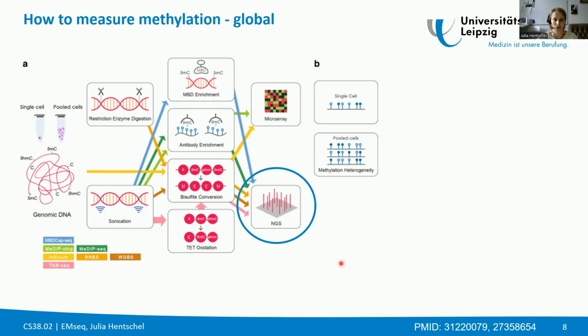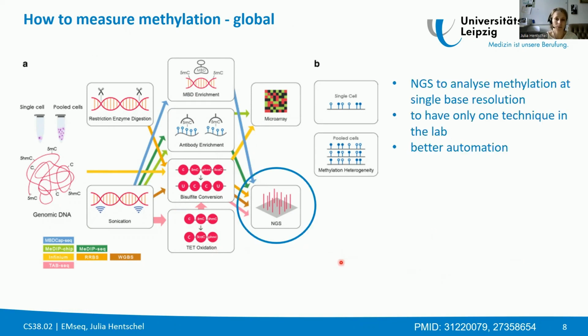So we decided to use NGS because we want to have the possibility to get a single base resolution in the future. We finished with the EPIC technique some years ago, and it's easier to have only one technique in the lab, and also NGS setups can be more easily automated on robots.